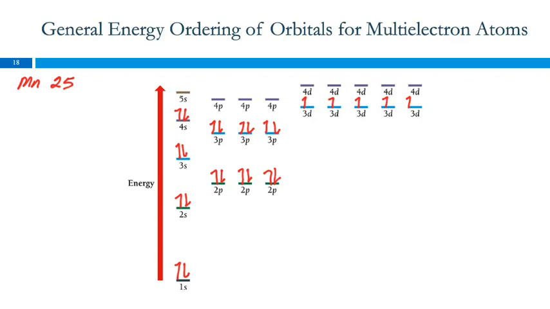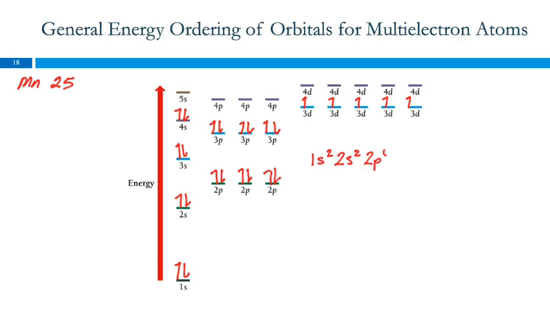Then from this, we could write an electron configuration, which would just describe how many electrons are in which of the orbitals. And we list them in order of energy, so the lowest energy first. And so for manganese, we'd say, well, the 1s has 2 electrons, right? And then the 2s has 2 electrons. The 2p room has 6 people in it.